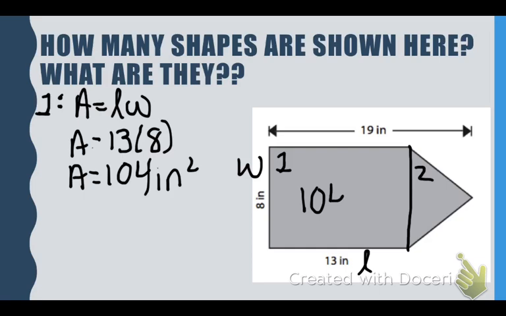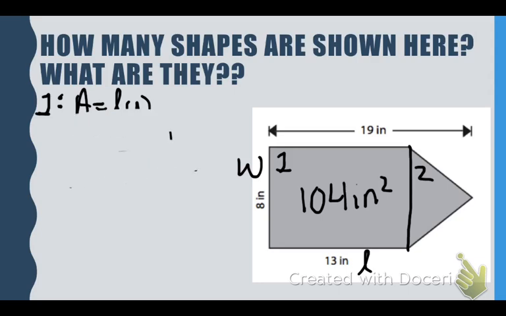If you want to label yours, that's fine. But again, I'm going to erase so that I have room to work. So now we're going to work with shape 2, which is a triangle. So we need to write A equals 1/2 base times height.